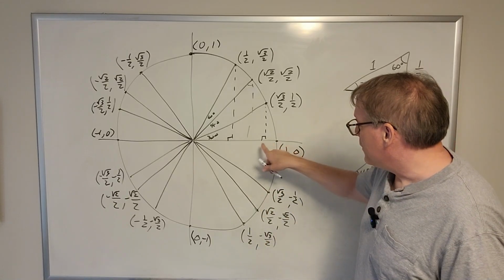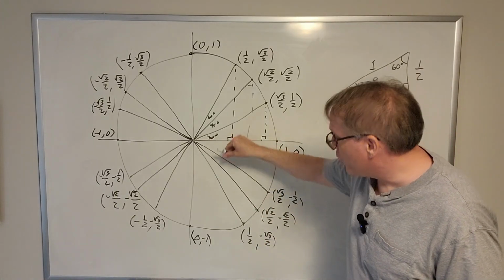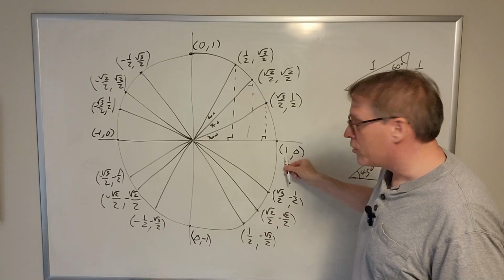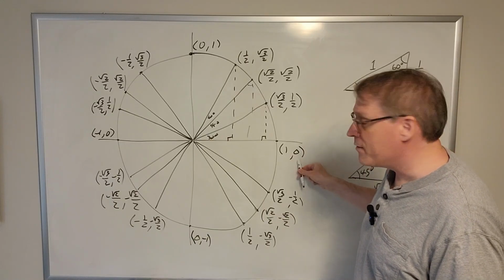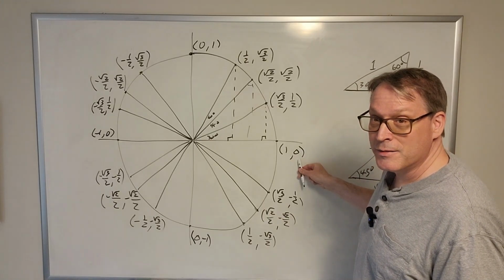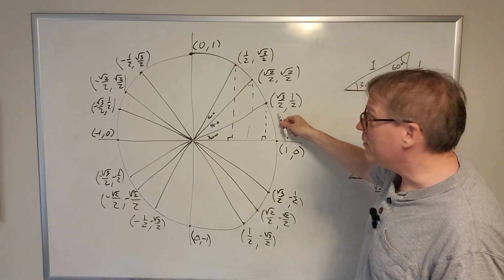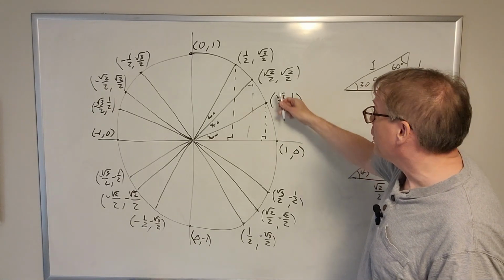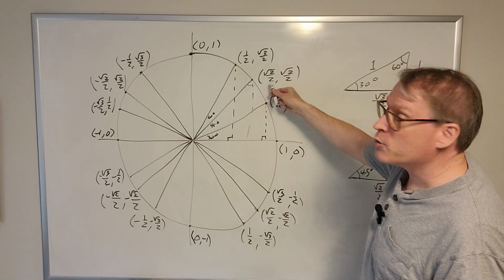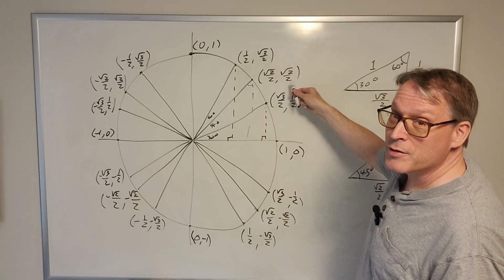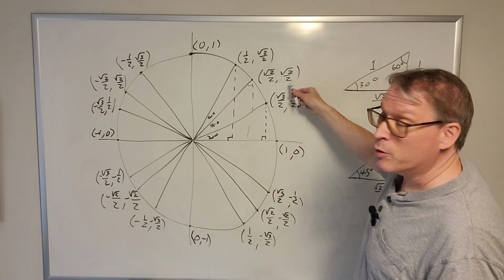So if the angle is 0, we haven't gone anywhere, then cosine of 0 is 1, sine of 0 is 0. Got it? Cosine of 30 degrees is square root of 3 over 2. Sine of 30 degrees is 1/2. Cosine of 45 degrees is square root of 2 over 2. Sine of 45 degrees is square root of 2 over 2.